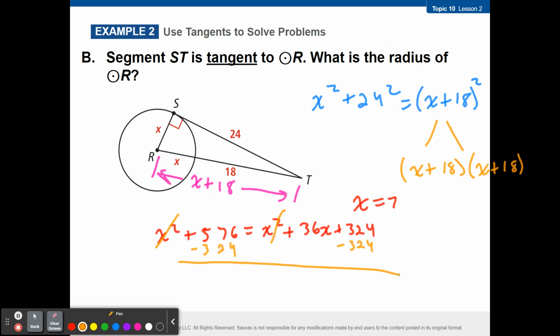What'd you get? 252. And then you divide by 36. So in this case, x is 7. Questions, guys? No? Make sense? Okay. All right, next one.